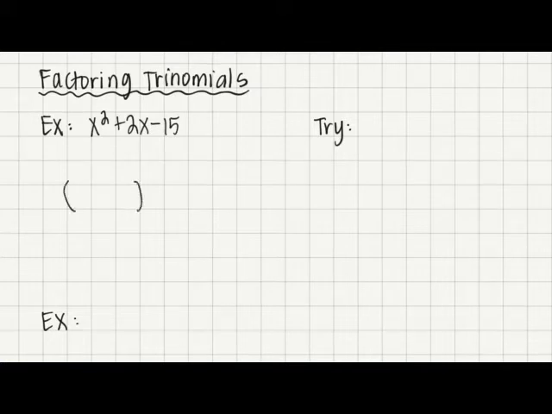Well, when we FOIL backwards, we had to have had two binomials. So we're going to get that x squared when we multiply the first term by the first term. And we're going to get the last term, that constant, when we multiply the last term by the last term.